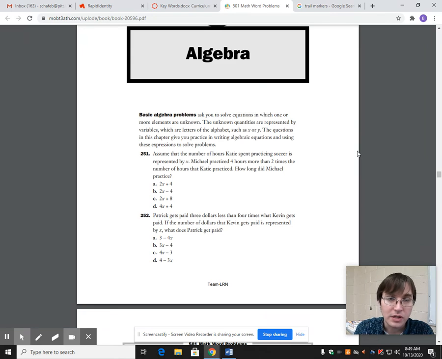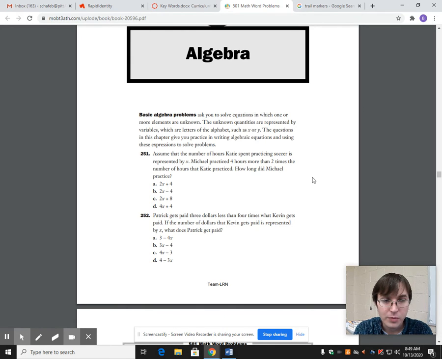For instance, words like 4 hours more than, well, that would tell me, if I knew to look for it, that I need to add something. I need to add 4 hours to something. And I add it to 2 times, well, that would tell me multiplication.